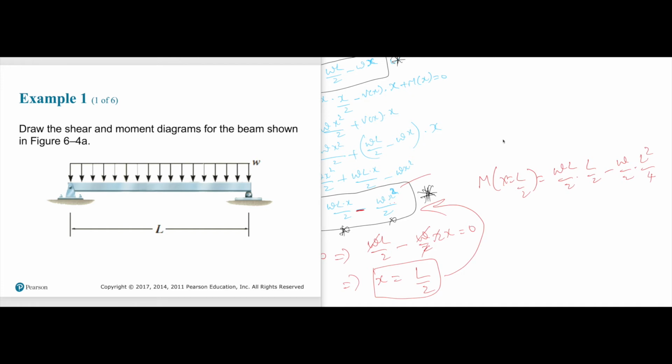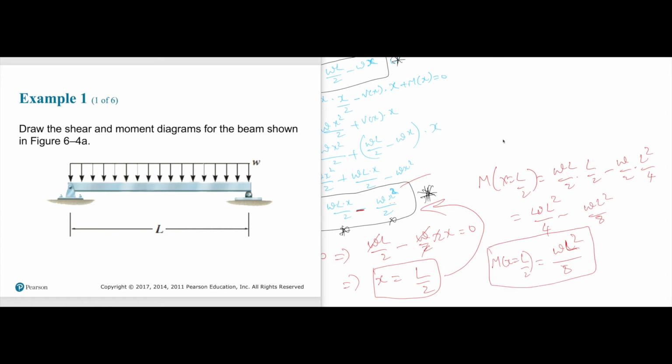So we get WL square over 4 minus WL square over 8, which is basically WL square over 8. If you simplify this further, at x equal to L over 2 it is WL square over 8.